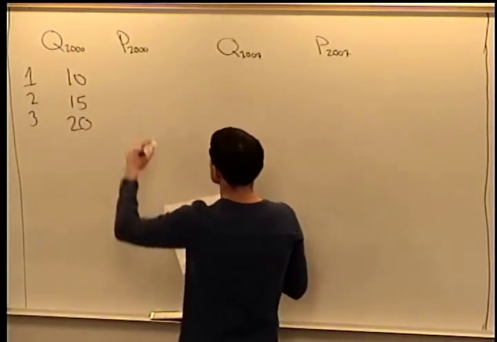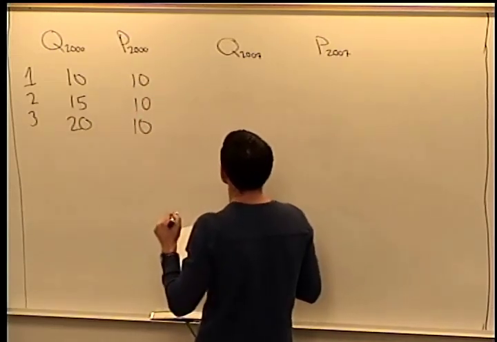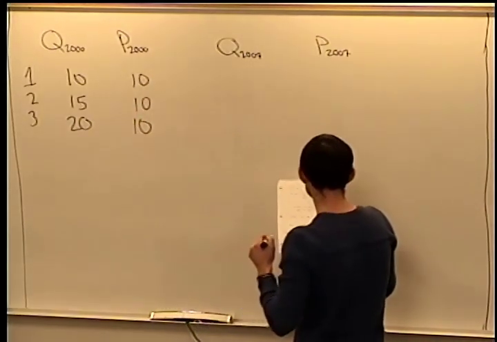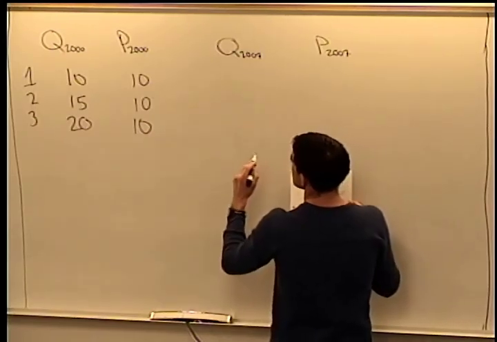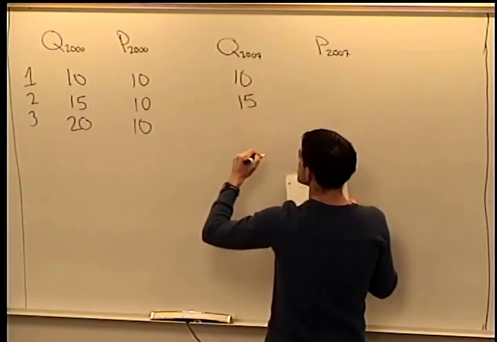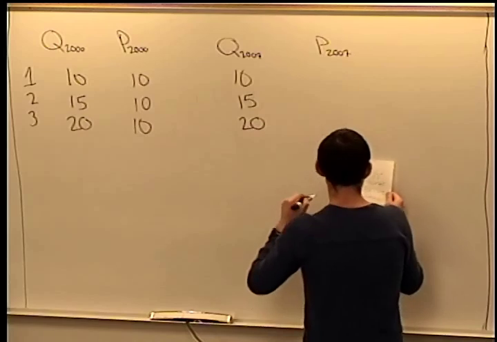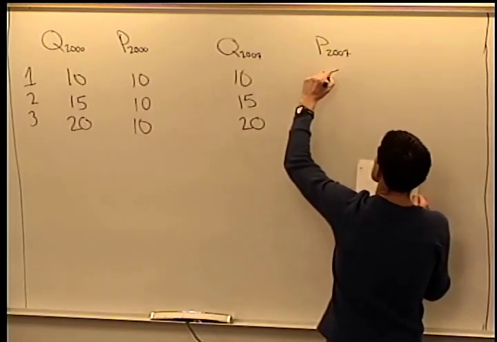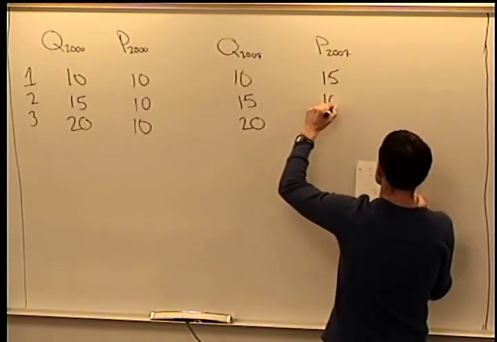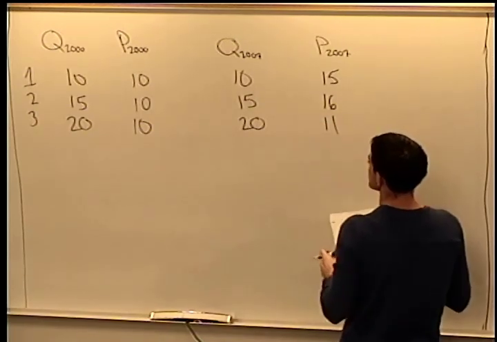The prices were $10 for each good. Then in 2007, we produced 10 of good 1, 15 of good 2, and 20 of good 3, and the prices were $15 for good 1, $16 for good 2, and $11 for good 3.